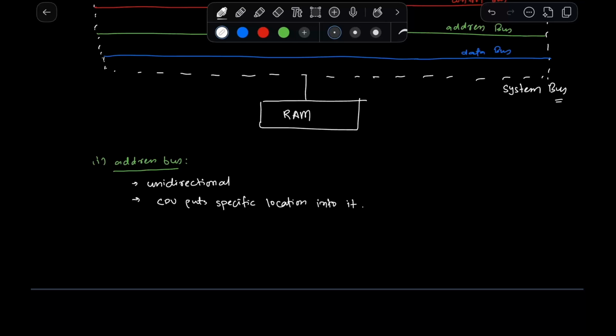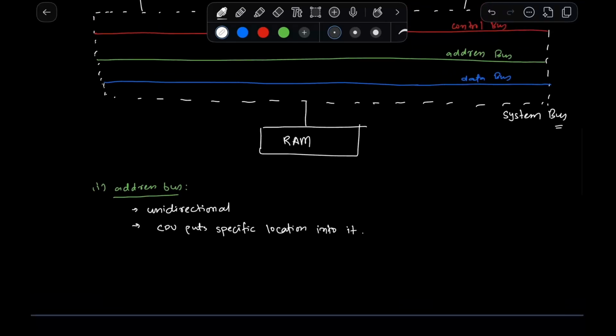Now the second one is data bus. So the data bus is a two-way highway, meaning this is where the actual package, it may be some text file, maybe some mp3 file, maybe some pixel, and all those travel via this component.